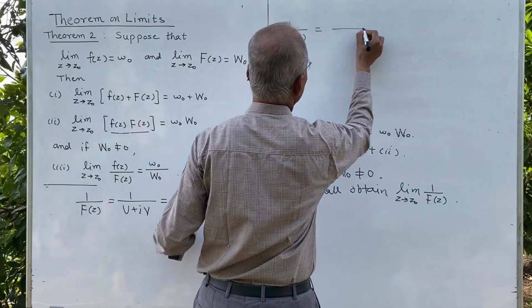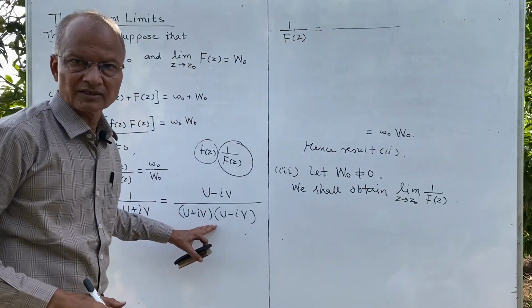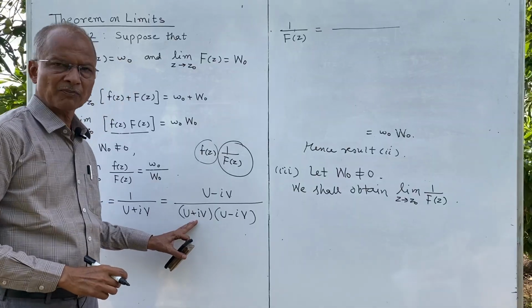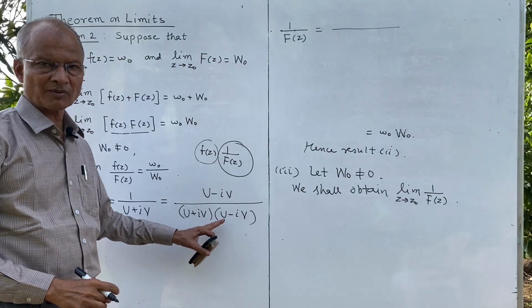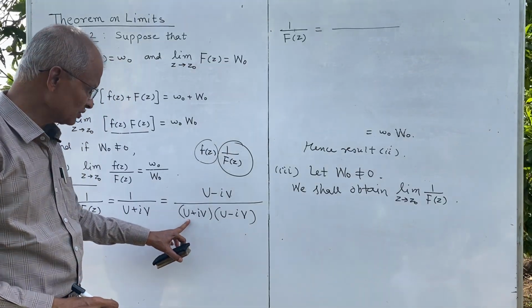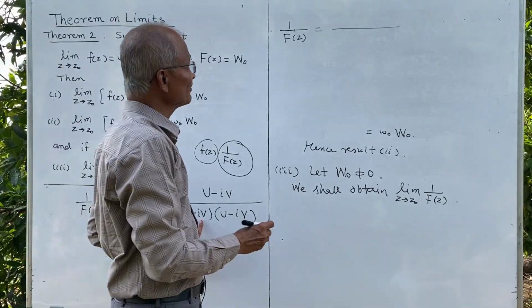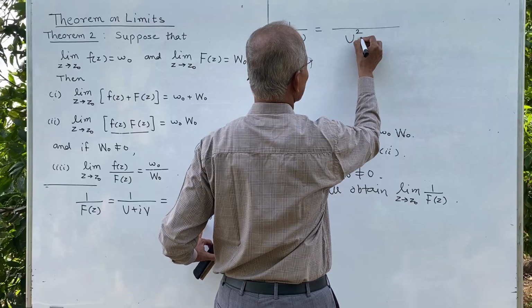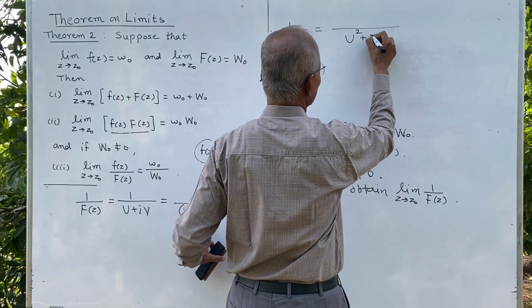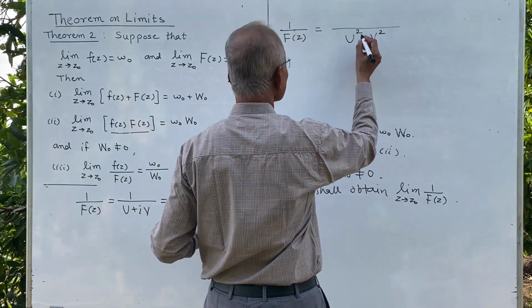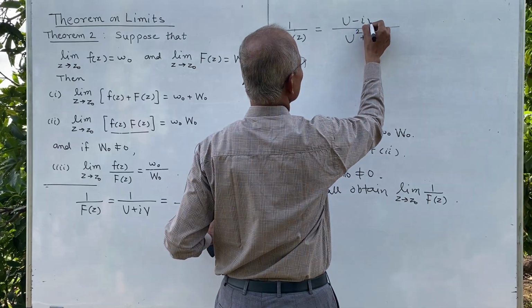is equal to, now see, the denominator is in the form of a plus b, a minus b, that is a square minus b square, and this will be u square minus i square v square, and that will be u square plus v square, because i square is minus 1, and the numerator is u minus i into v.